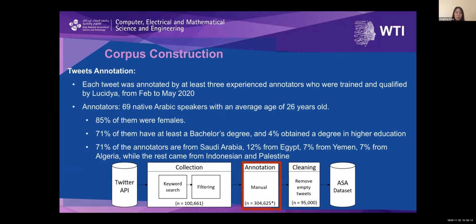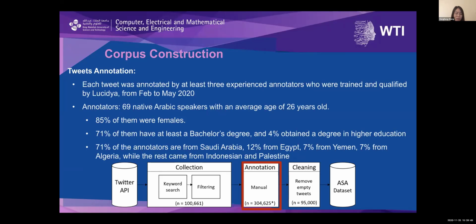We recruited 69 native Arabic speakers with an average age of 26 years old to do the annotation. Each tweet was annotated by at least 3 experienced annotators, and they were trained and qualified by Lucidia. The annotation work took about 3 months because it was quite a large amount of work. The total number of annotations is over 300,000. So finally, we got this data annotated.